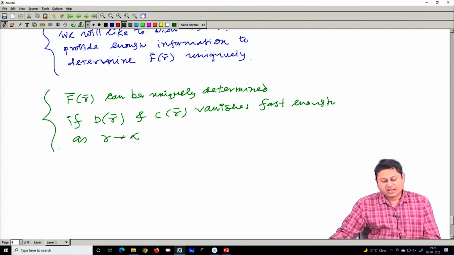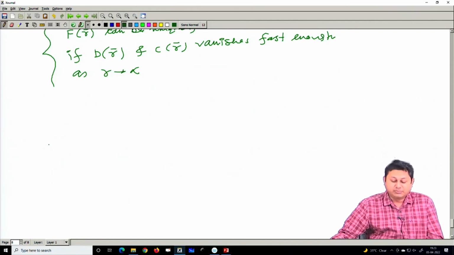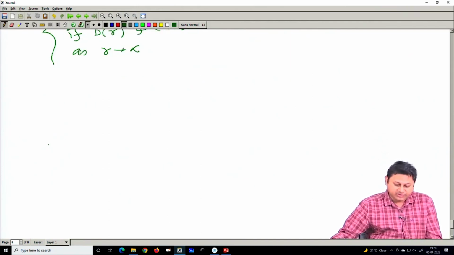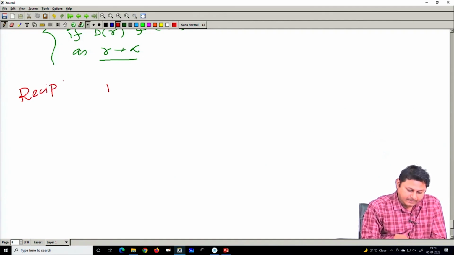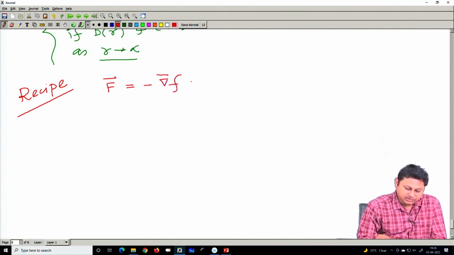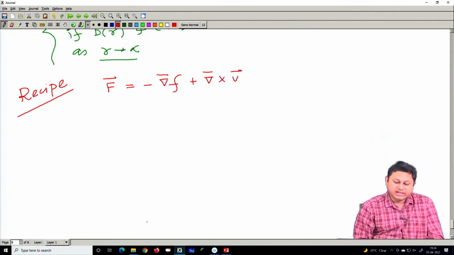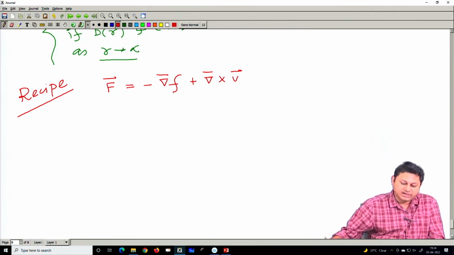So, this condition, as I mentioned, is difficult to prove because this is a lengthy proof. I will show you first the thing, then I am going to explain. So, the recipe to determine F(r): as I mentioned, any given vector function I can decompose in this way.